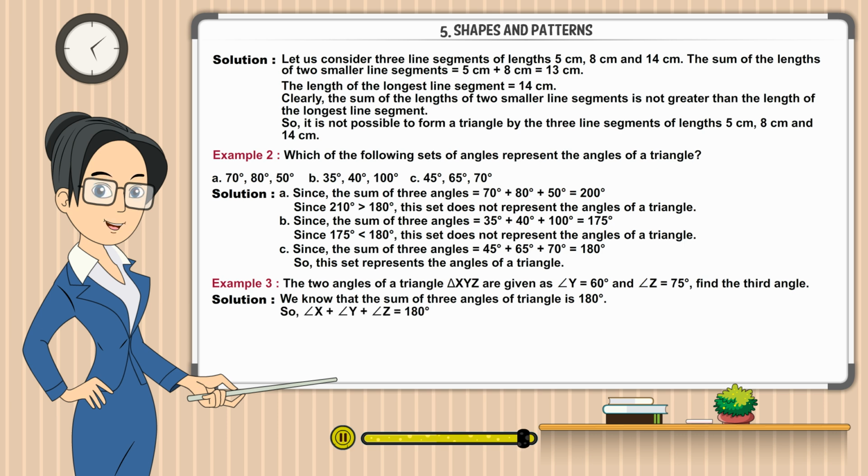So, angle X plus angle Y plus angle Z is equal to 180 degrees, or angle X plus 60 degrees plus 75 degrees is equal to 180 degrees, or angle X plus 135 degrees is equal to 180 degrees. Therefore, angle X is equal to 180 degrees minus 135 degrees is equal to 45 degrees.